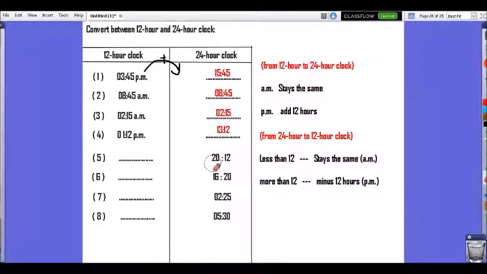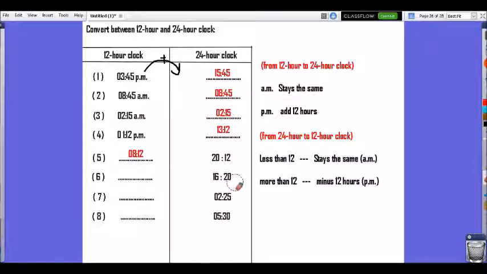Here 20 is of course more than 12, so it's definitely going to be PM. Take away 12, it's 8:12. When you take away 12 from 20, it becomes 8. So it becomes 8:12, and it's PM. Sorry, I forgot to write PM here, but you must write PM.